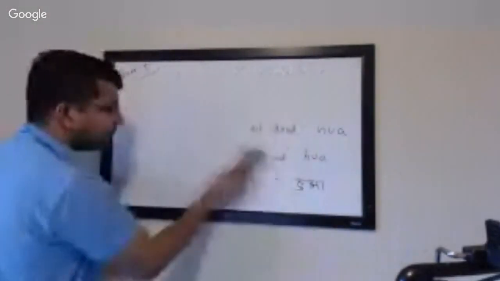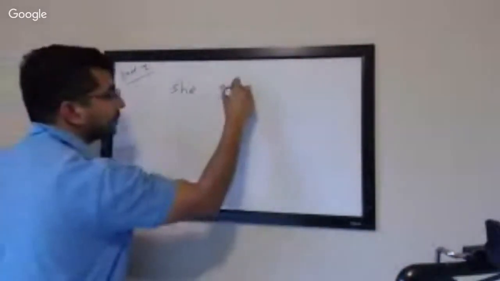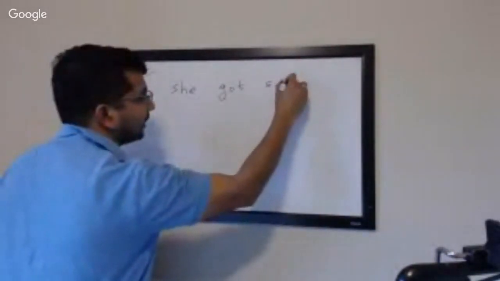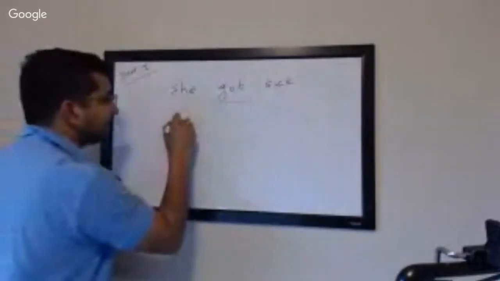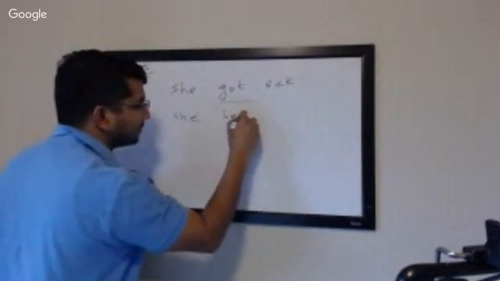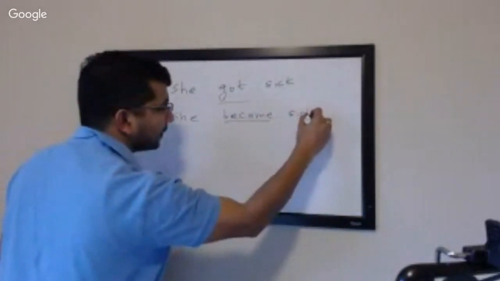We'll do a couple more. So the next one I have for you is she got sick. She got sick. And again, you can also say she became sick. There's a notion of got or became. Okay.